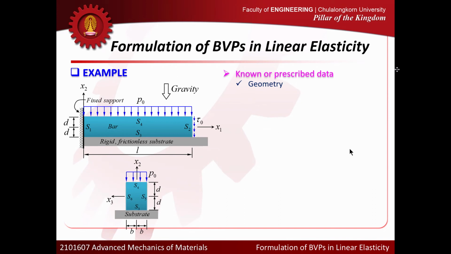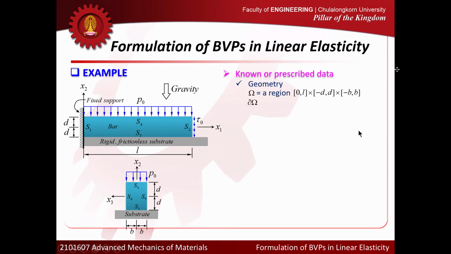Based on that coordinate system, the body that I am interested in can be expressed as a region in Euclidean space. This is simply the Cartesian product of the intervals 0 to L, minus D to D, and minus B to B. That is simply the region of the body. We also have the boundary.